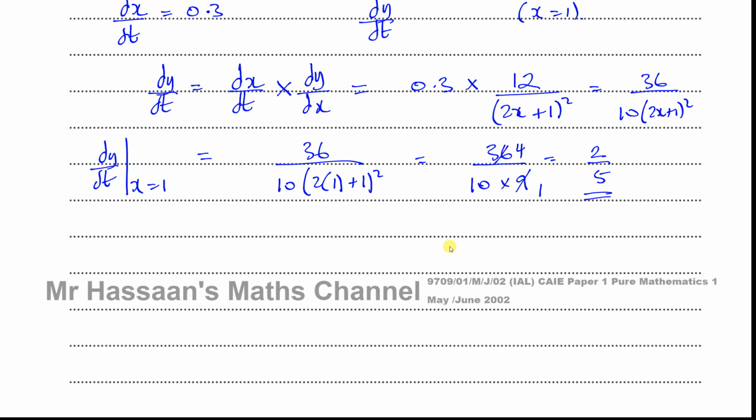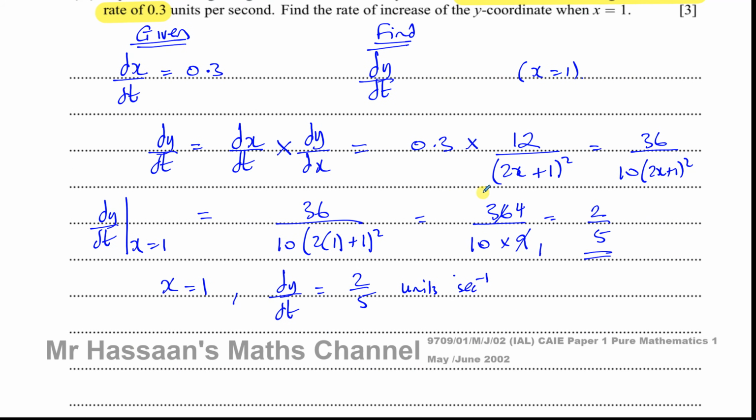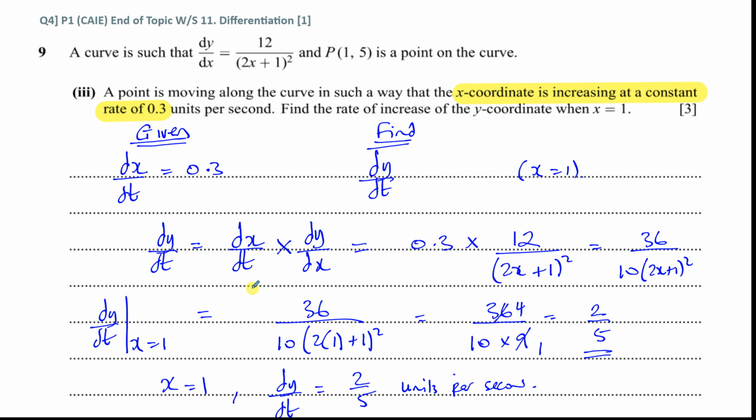So we can say that when x equals 1, the rate of change of y with respect to t is going to be 2/5 units per second. I'll just write it in words like they have it. So that's the rate of increase of y with respect to t when x equals 1.